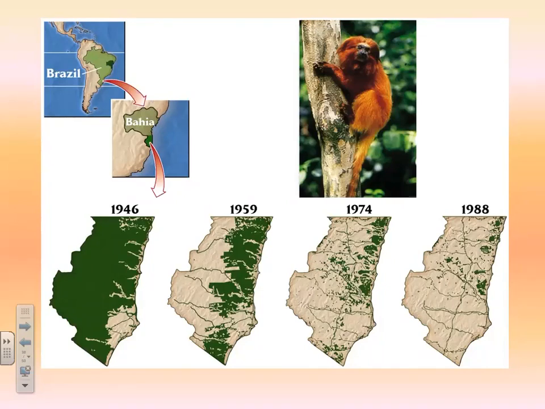I don't know the name of this guy, but cute little red monkey in Brazil, showing you a state in Brazil called Bahia. If you zoom in, this was the range of that New World monkey, 1946, all the green. As people came in, this organism's population has been isolated, it's been fragmented. And so it's still there, still protected, it's still able to live, but it can't do what it did once, and so it wouldn't be sustainable.